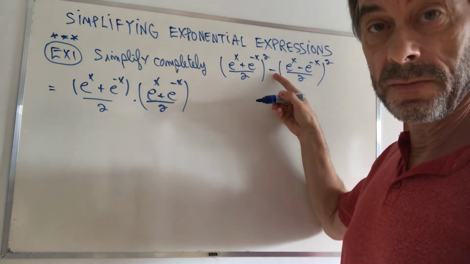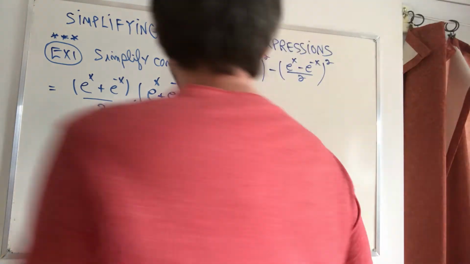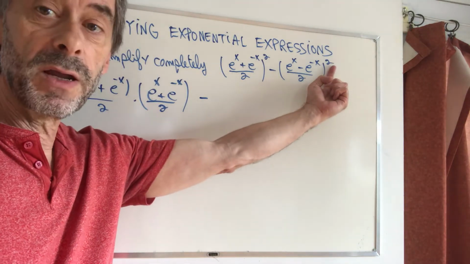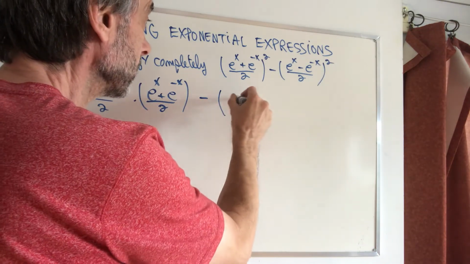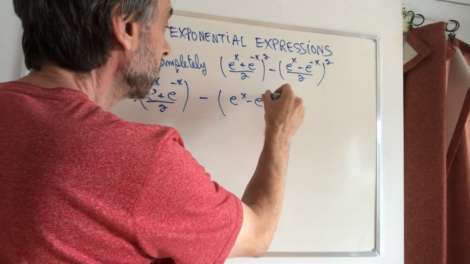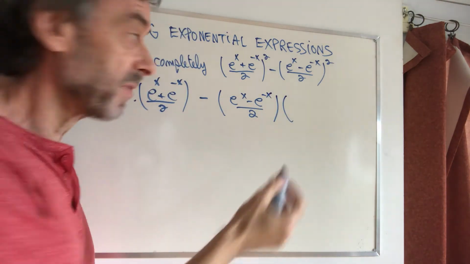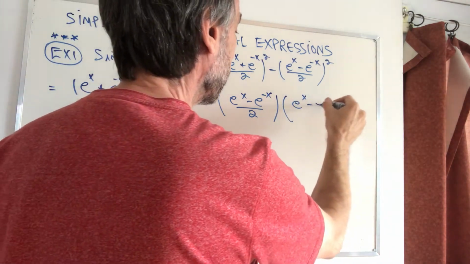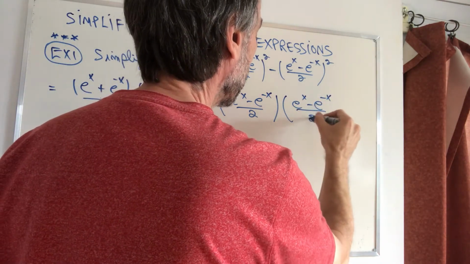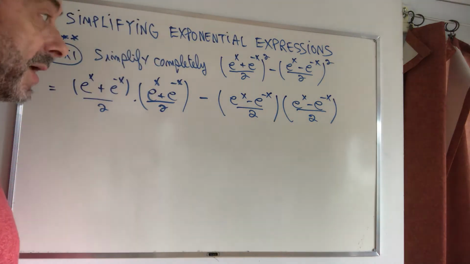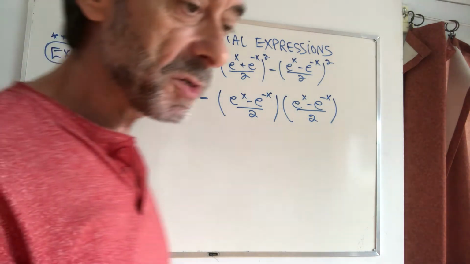Middle sign, minus. Then I'm going to do the same thing here. This is a square. E to the x minus e to the minus x over 2 times itself. All right, we got our work cut out for us here.